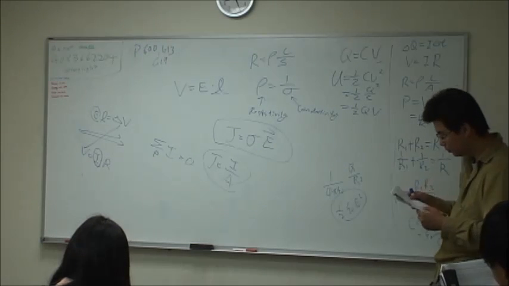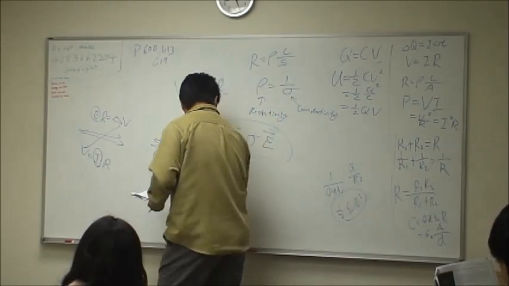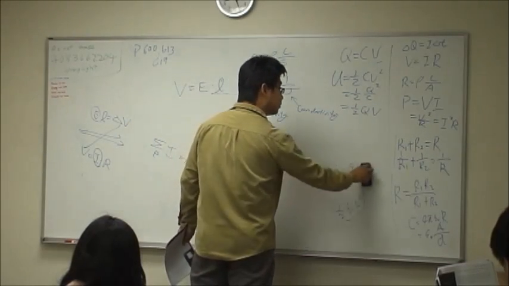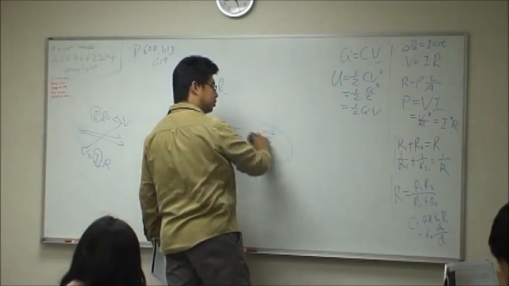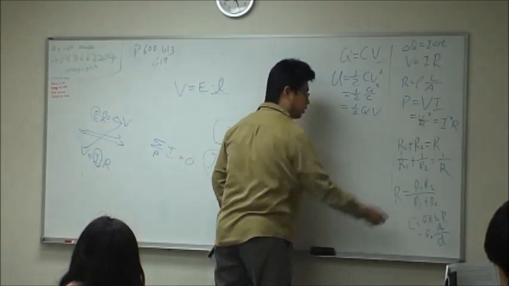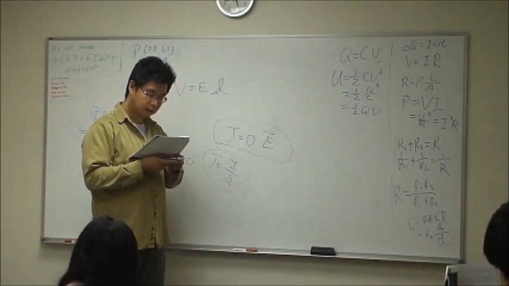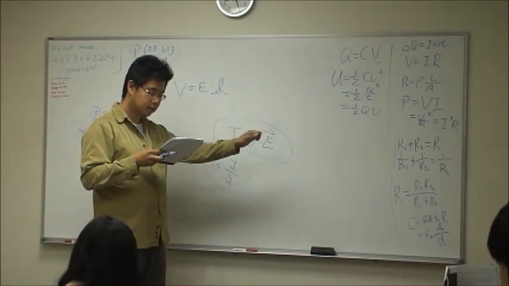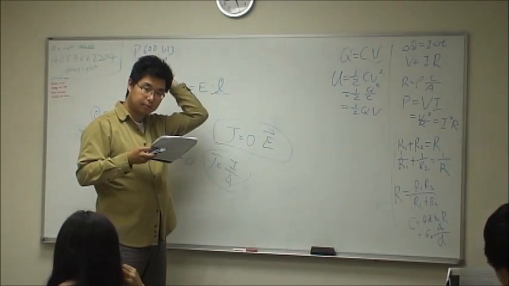The power. The power in the circuit is equal to the voltage times the current. P is equal to IV. And we can do the derivation: the unit of voltage is joule per coulomb, and the ampere is coulomb per second.